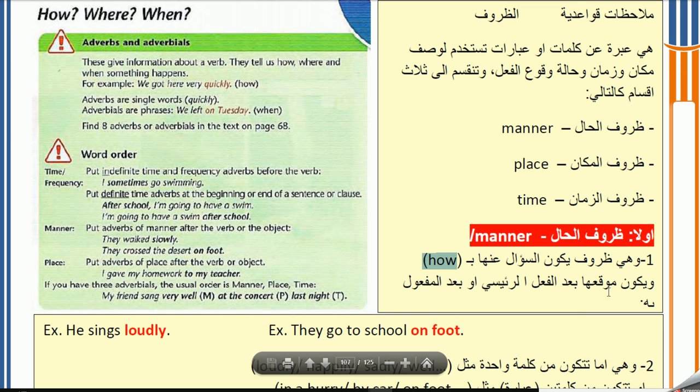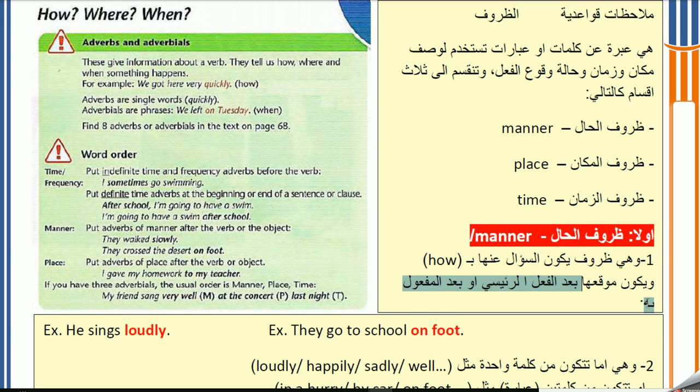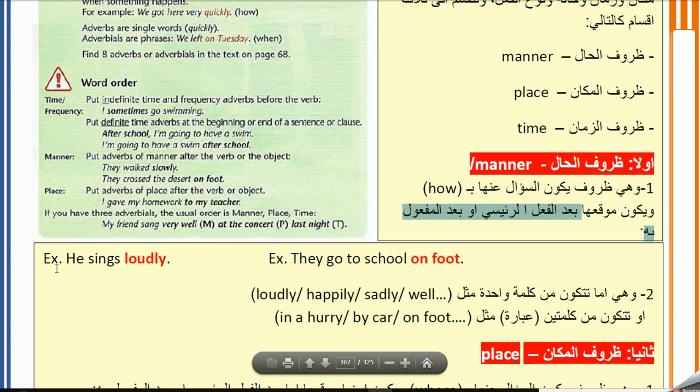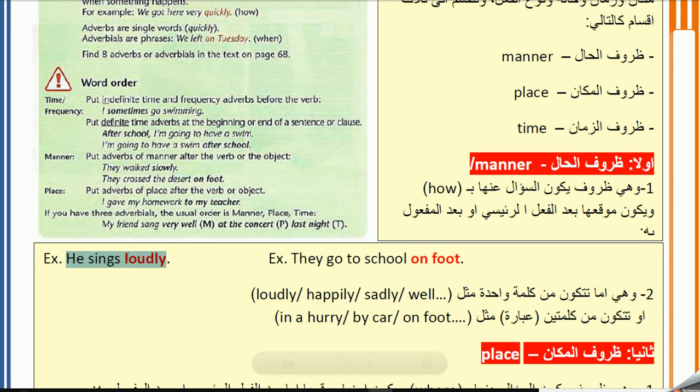The place of the adverb of manner comes after the verb and after the object. For example, he sings loudly. Here, the adverb of manner, loudly, comes after the verb sings. Another example, they go to school on foot.